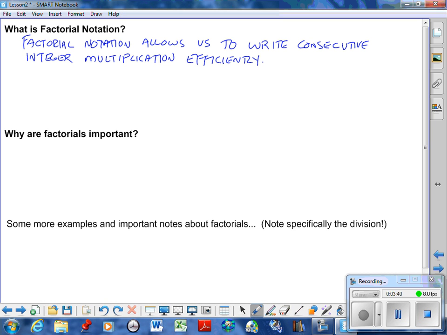Okay, so what does that mean? It means if I have 5 times 4 times 3 times 2 times 1, or 7 times 6 times 5 times 4 times 3 times 2 times 1, instead of having to write that again, we can simply write it as the following notation.